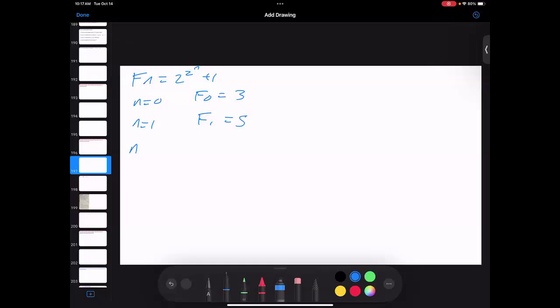When n equals 2, we get 2 to the 4th plus 1, 16 plus 1 is 17. When n equals 3, it's getting a little bit harder. We get 2 to the 8th, that's 256, plus 1 is 257. And when n equals 4, we get 2 to the 16, which is like 65,536.